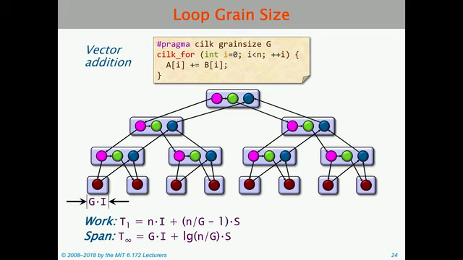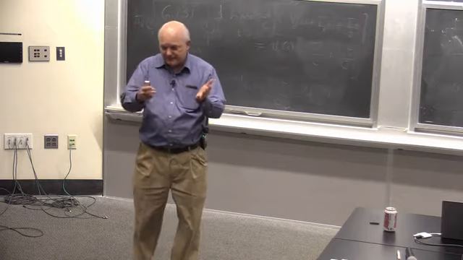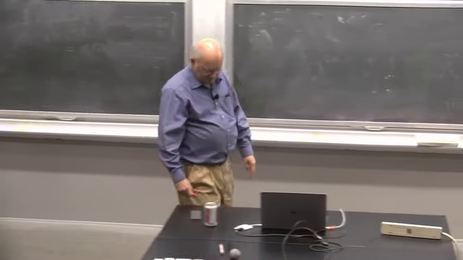The dominant term for G in the span is G multiplied by I. There is another term there, but that's a lower order term. So if I want the span to be small, I want G to be small. So they're going in opposite directions. So what we're interested in is finding a medium place.